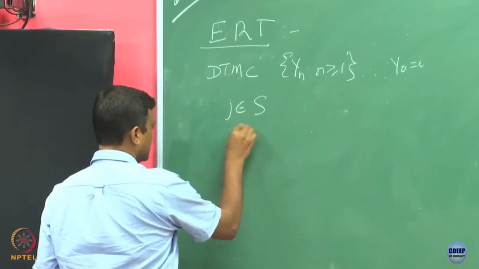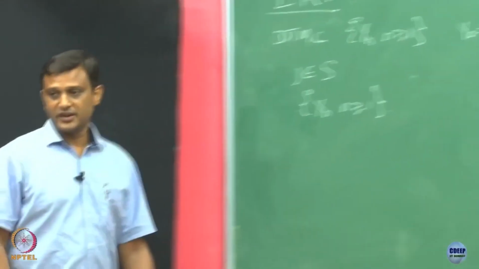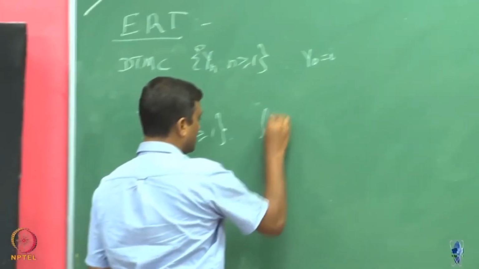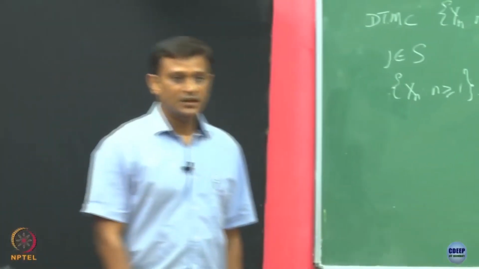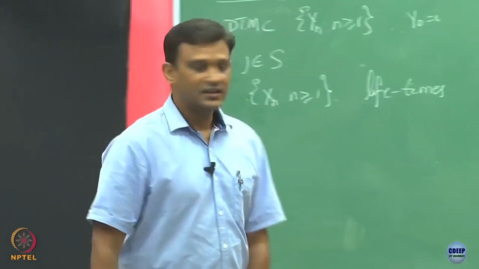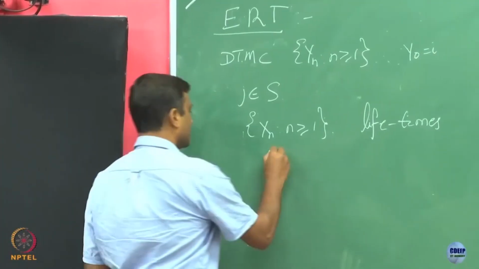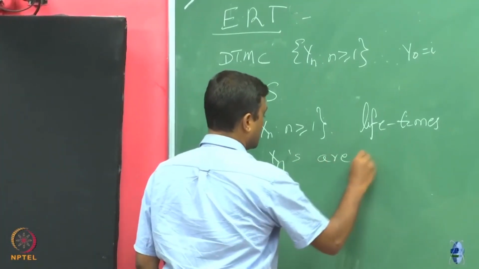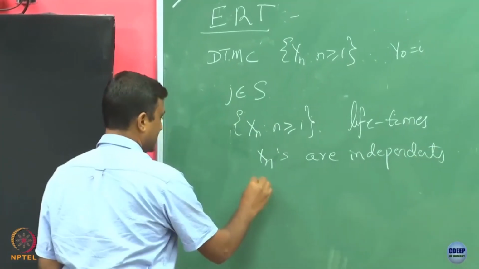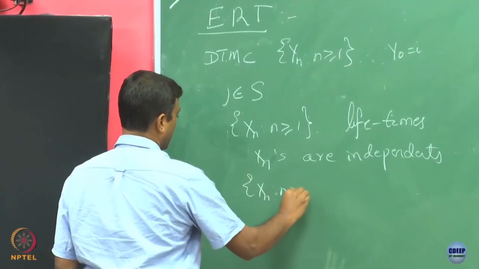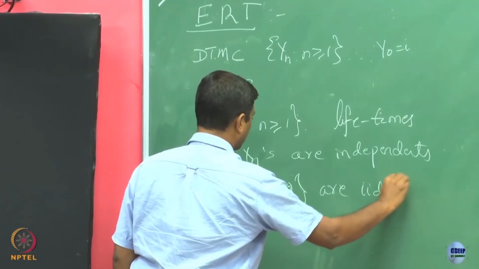Then we have a sequence of random numbers which we called lifetimes, and we said that these lifetimes are independent. So the xn's are independent, and if you look at xn's for n greater than or equal to 2, they are IID. It is an IID process.